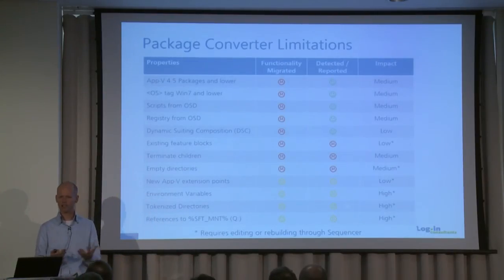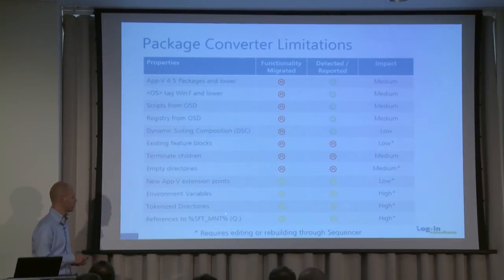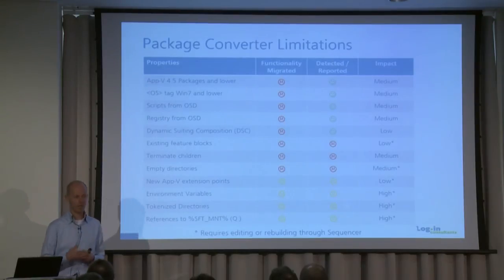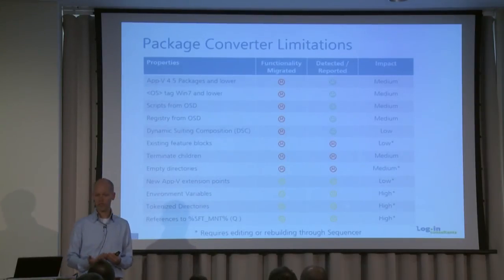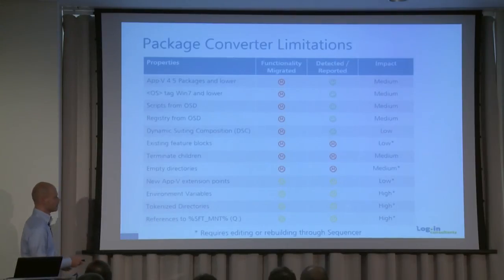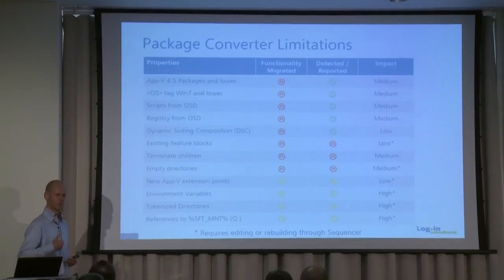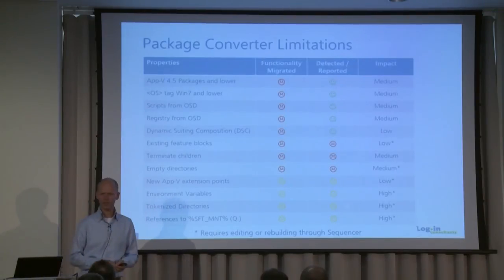So if you have any hard-coded paths in those locations, they will not create new variables, and they might fail. Especially this one I like very much: if you have any references to Q in those kinds of files, they are very likely to break because there is not even a Q drive anymore on the new system. So I consider these last three to be pretty high impact, as the sequencer doesn't report on it.